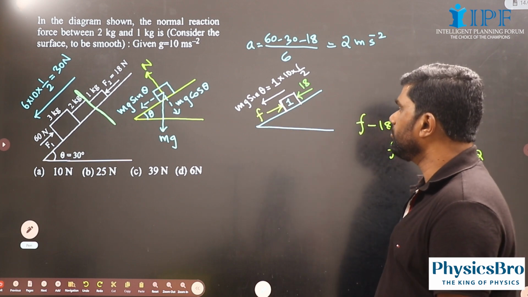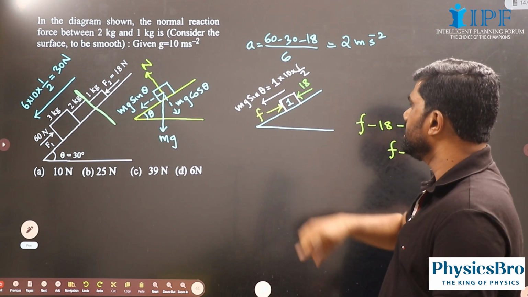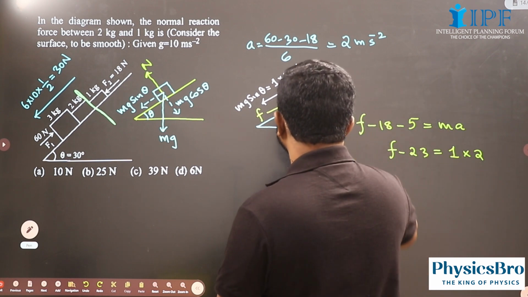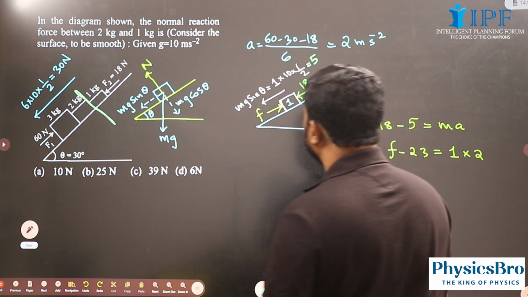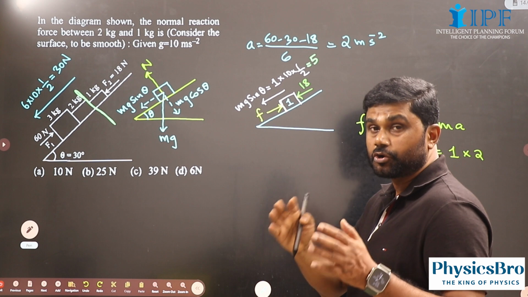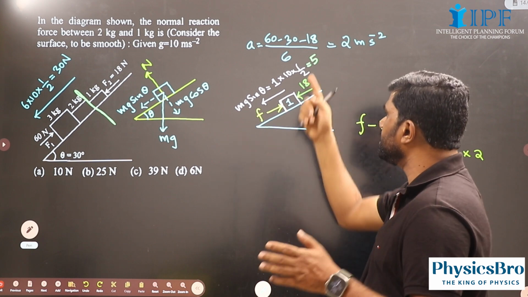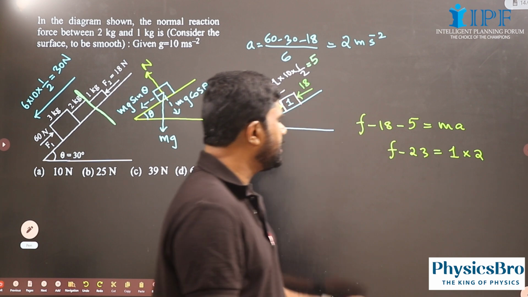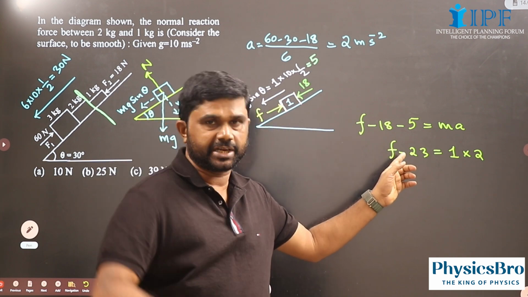The component of the weight is 5, the external force is 18. So the total force on the body down the incline is 18 plus 5, that is 23. So F minus 23 is the resultant force acting up the incline.